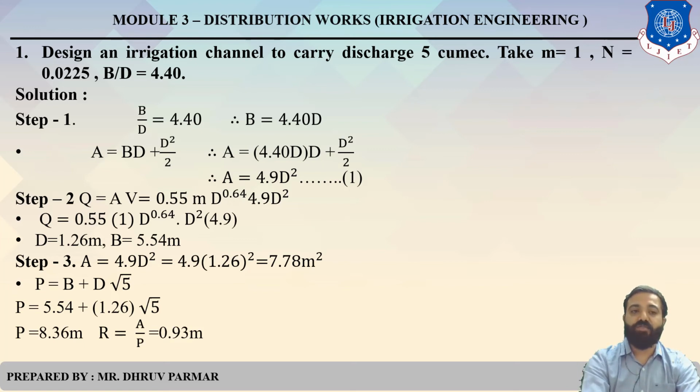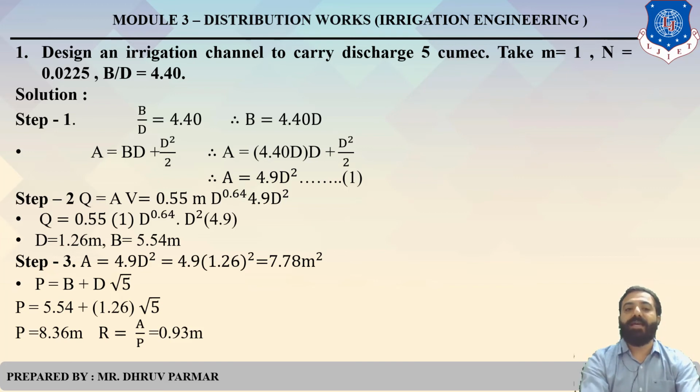Putting in this equation: 5 equals 0.55 into m equals 1 into D raised to 0.64, into D square into 4.9. Then we easily get D equals 1.26 meter. Putting this value, B equals 4.40 into D, so we get B equals 5.54 meter.